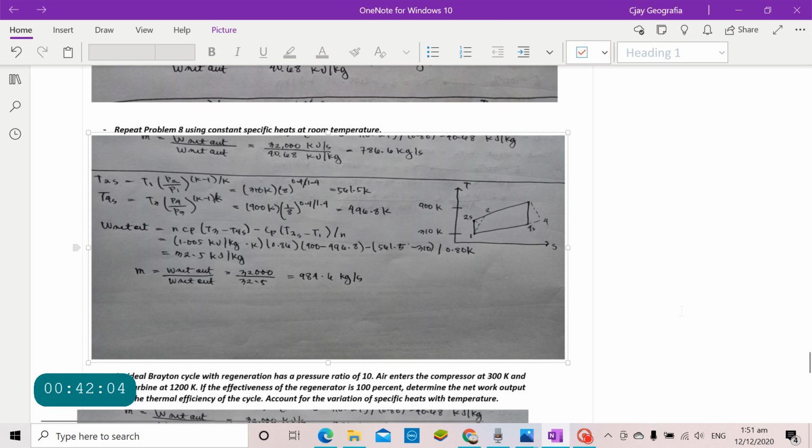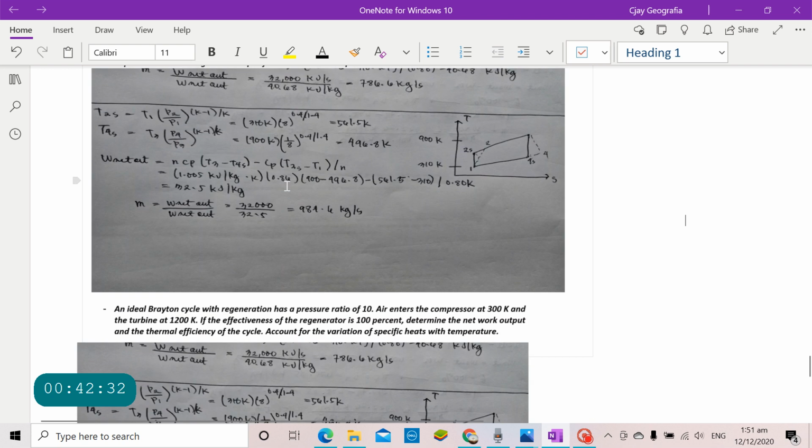It's very useful. For the temperature, we use the same process: manipulate, put in the values, and you get T2, and likewise for temperature 4. That's our diagram, the same diagram. The only difference is the assumption that we should use the constant specific heat at room temperature.